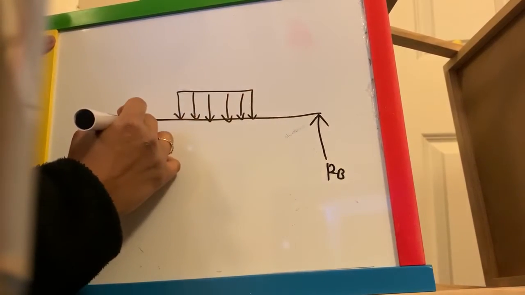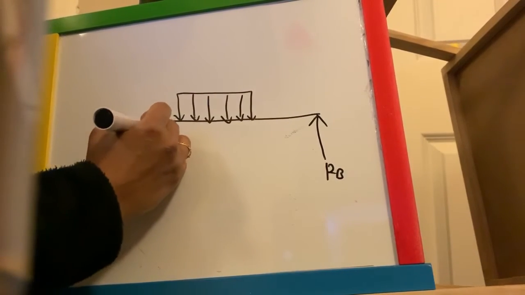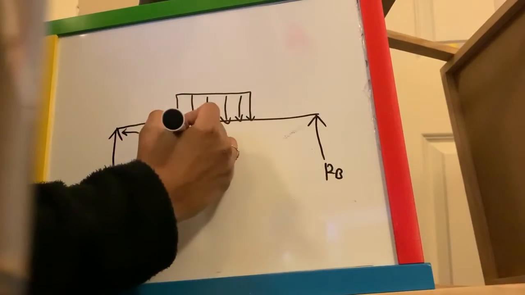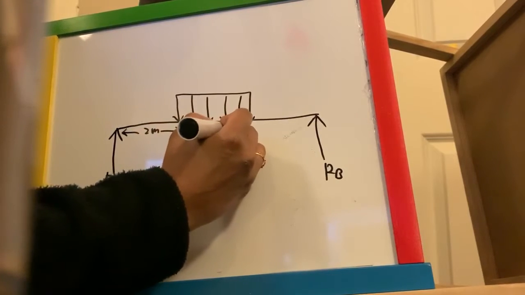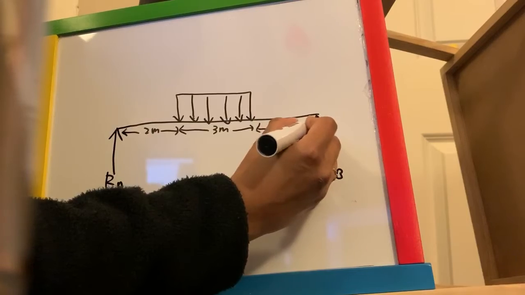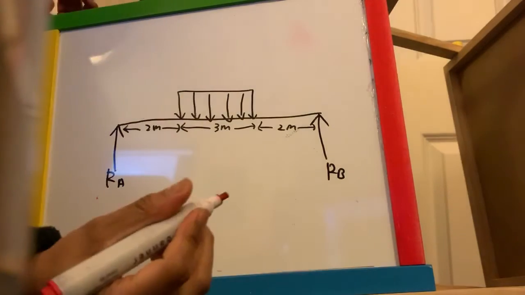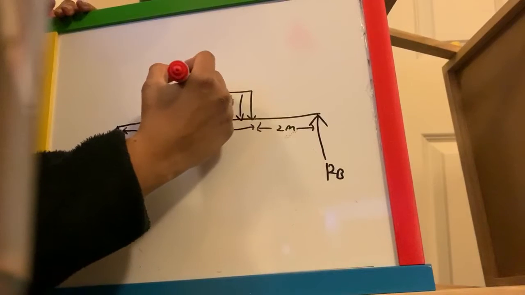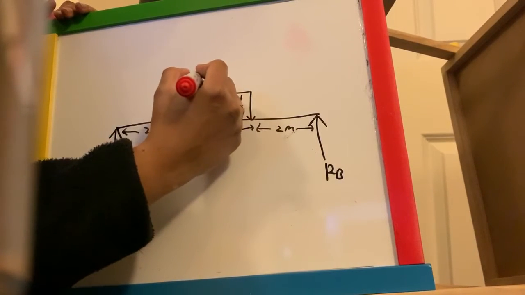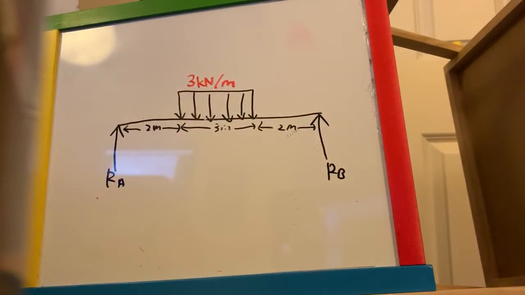Let's assume that the distance between these two is 2 meters, the distance for this is 3 meters, and the distance for this is again 2 meters. Just an example. And let's assume that the value for this uniformly distributed load is given to you as 3 kilonewton per meter.